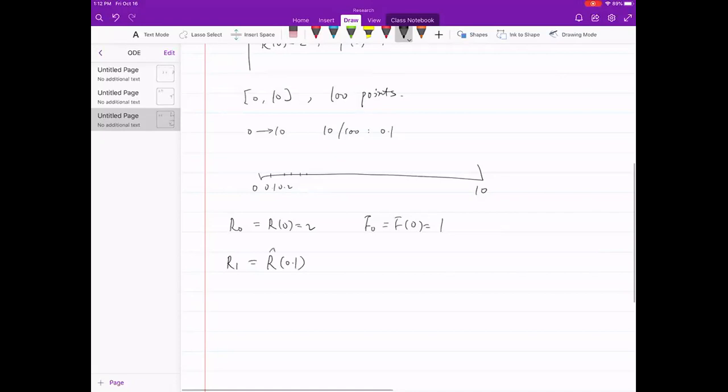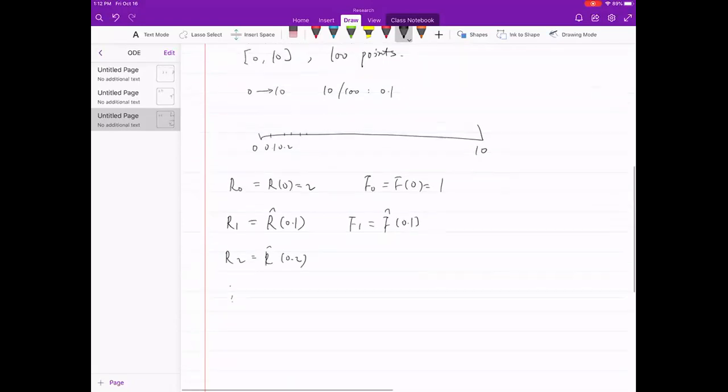Technically, you should put a hat here. That's not the real R, that's the approximation of R. And F1 is going to be F hat at 0.1. And then R2, R hat at 0.2, until R100. Then you know it's going to be R at 10. So up to there, you know all the points, from the first one to the last one.